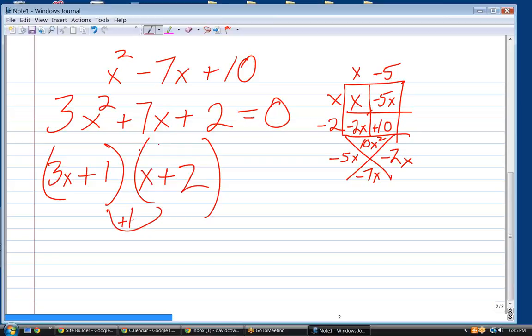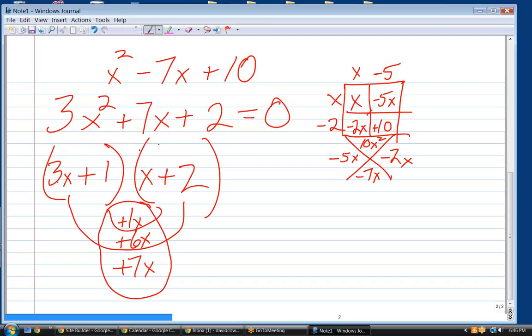Now I get plus 1x plus 6x. Add them together, that gives me plus 7x. That's the answer. And that's all I need to check is the middle term, because I designed this whole thing, I already know that's right, and I already know that's right. So the middle term is the only one I have to kind of play around with to get.